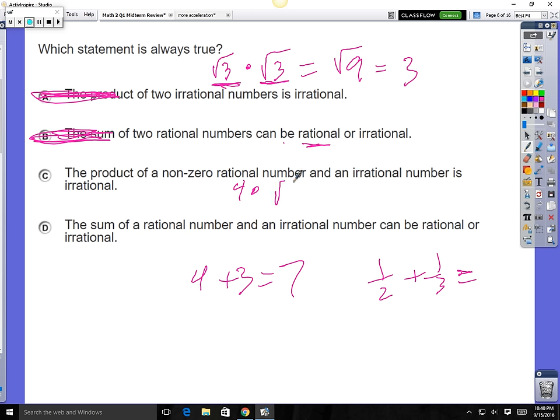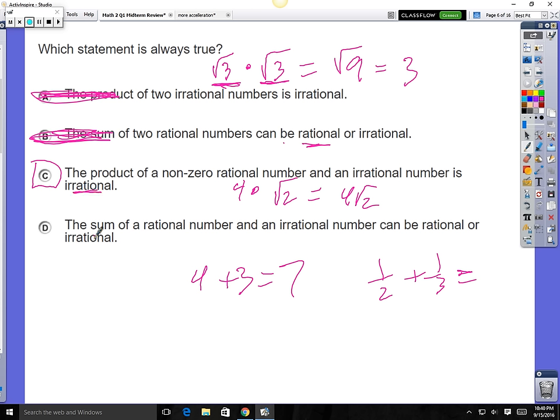If you do 4 times the square root of 2, your answer is 4 square roots of 2. I think it's C. I think if you take a good number and multiply it by a bad number, the number will always be irrational. Let's check out D real quick.